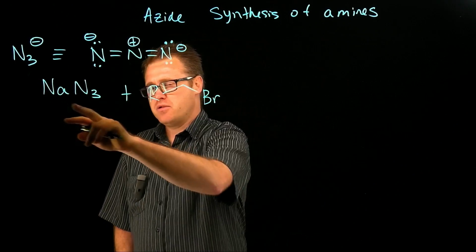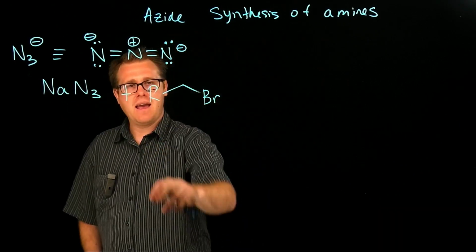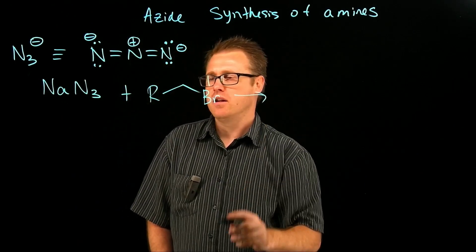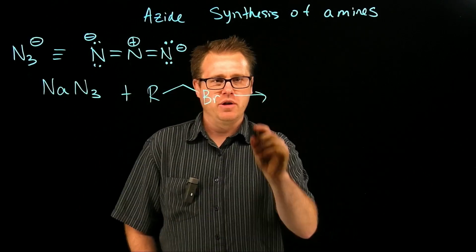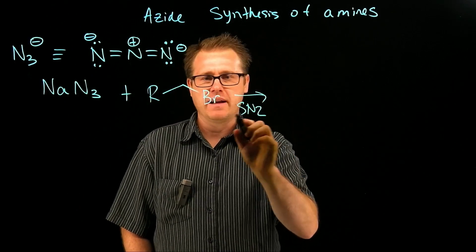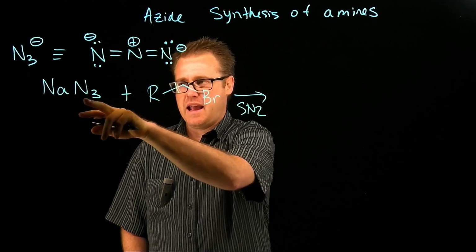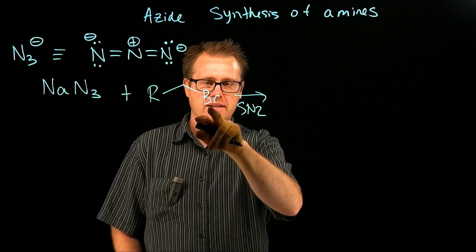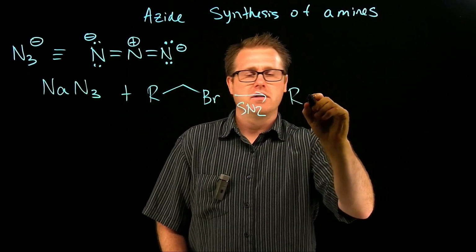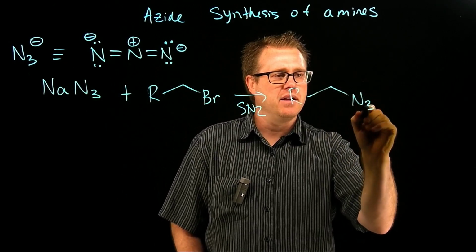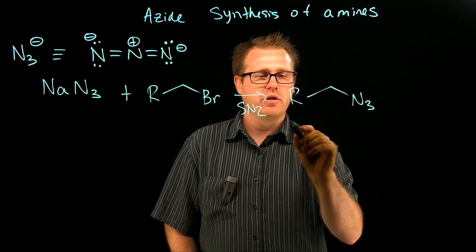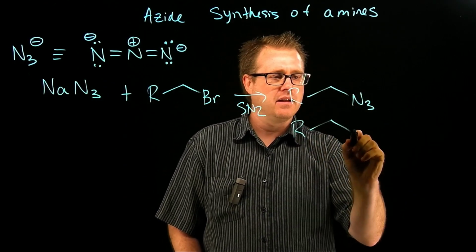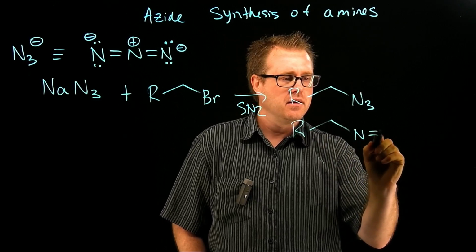If you react those two reagents together, overall, you're going to do an SN2 mechanism in which the azide replaces the bromine. So you would have something like this, or you could have rewritten it looking like this.